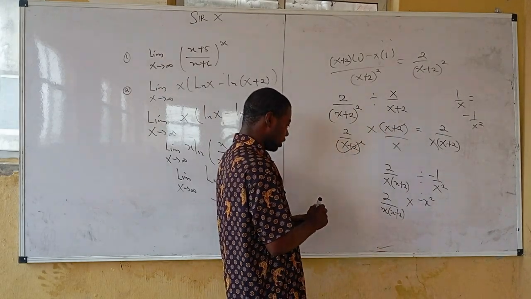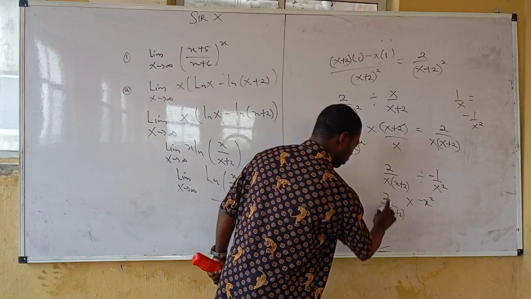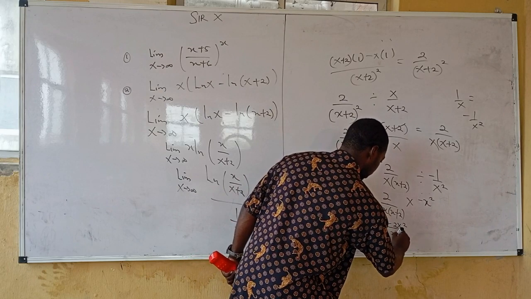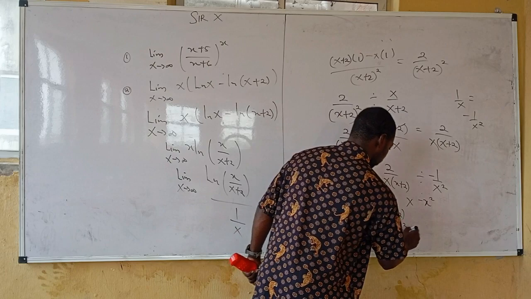So finally, we'll get negative 2x squared over x plus 2.